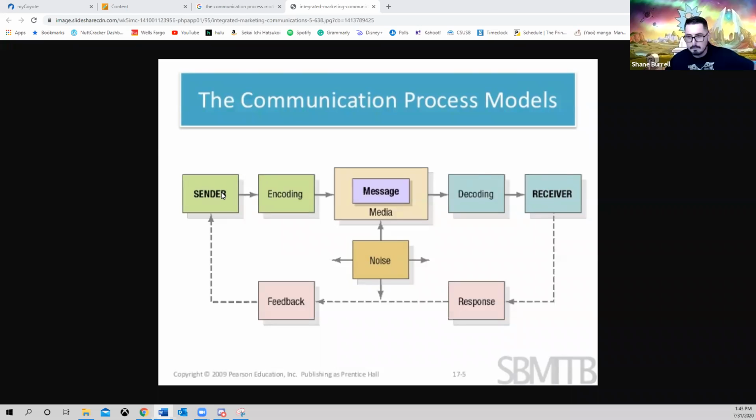The next thing to go over is message. What is a message? A message is whatever a speaker communicates to someone else. What the speaker is trying to communicate to the listener is the message, and this is the message here. The message can be in many different forms, but right now we're only speaking in regards to oral communication.